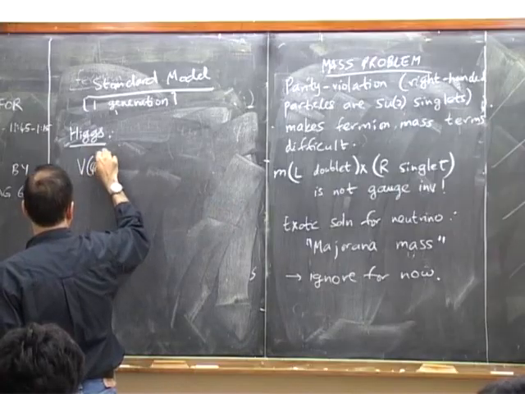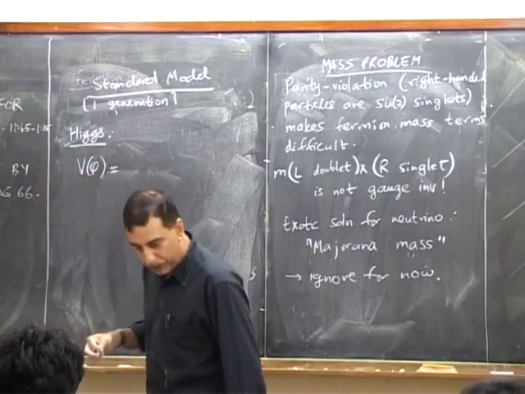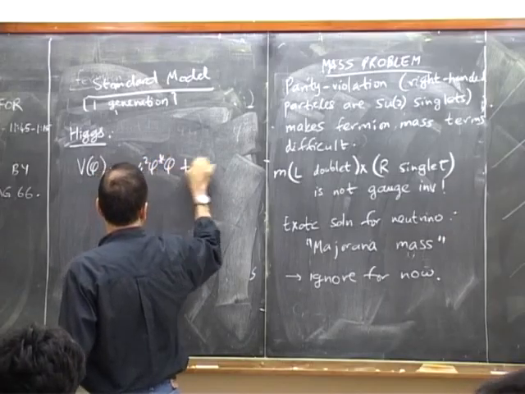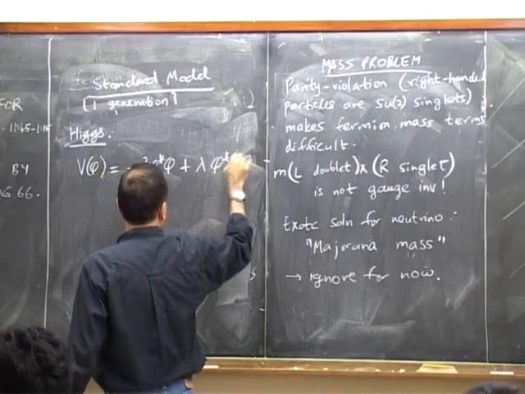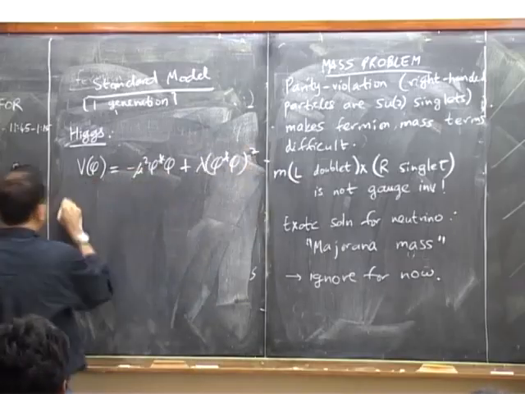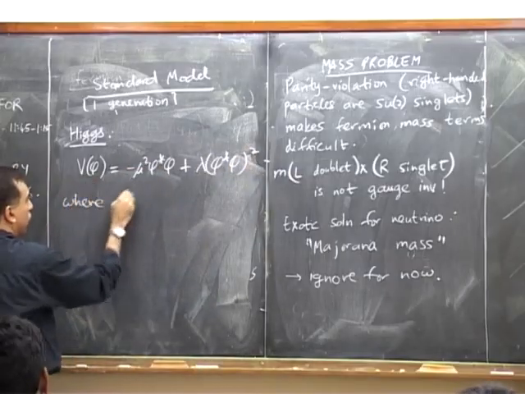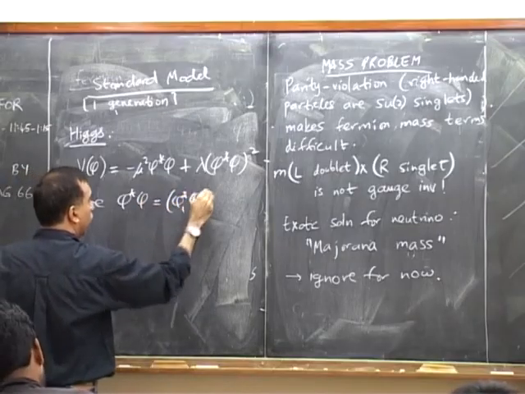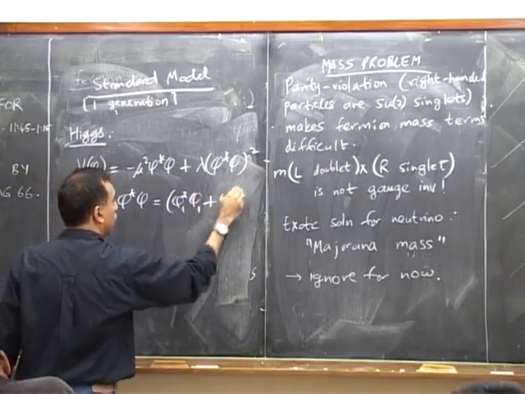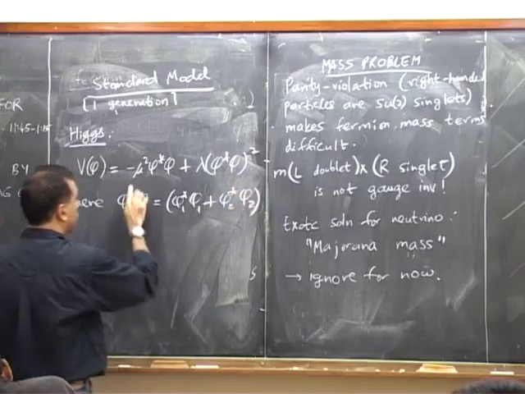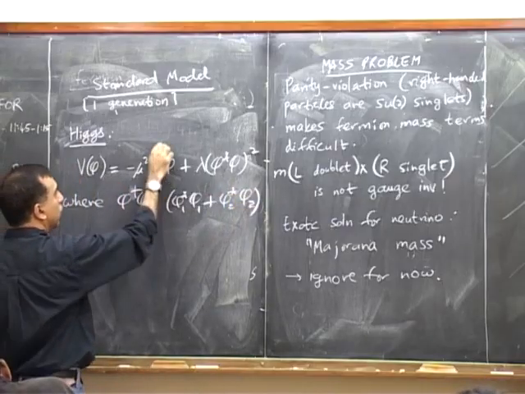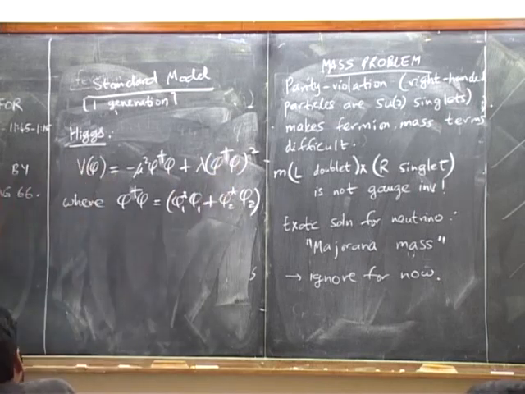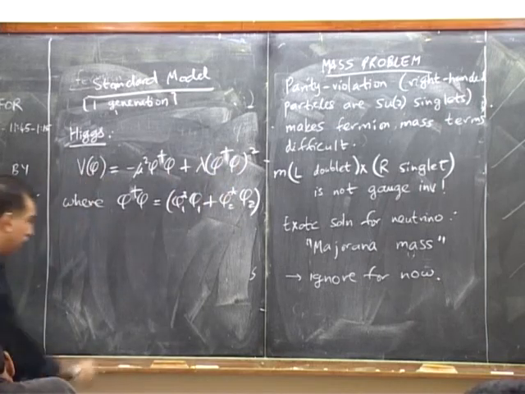We are going to introduce a Higgs potential, which is actually minus mu squared phi star phi plus lambda (phi star phi) squared, where phi star phi means phi 1 star phi 1 plus phi 2 star phi 2. Actually, it's probably best to call this a dagger, which will remind you that phi is the SU2 component of it. Okay? So this is certainly allowed.